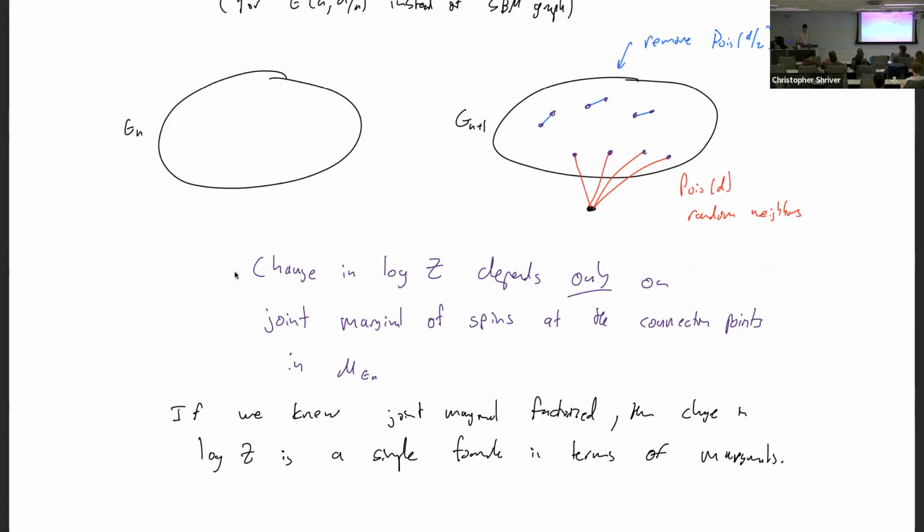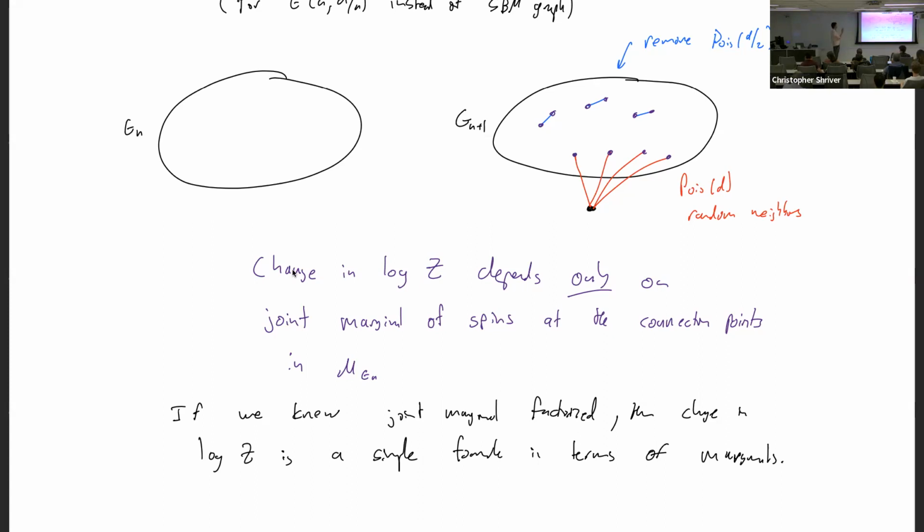Now the interesting thing, and this is a property of Markov random fields and the reason they're so useful to work with, is that the change in the log partition function when you go from Gn to Gn plus 1 only depends on the joint marginal of these purple vertices, all these connection points. The rest of the graph doesn't matter.